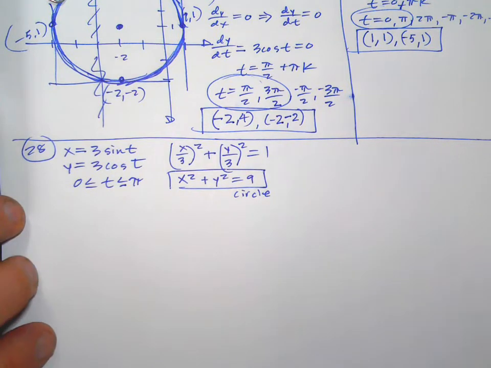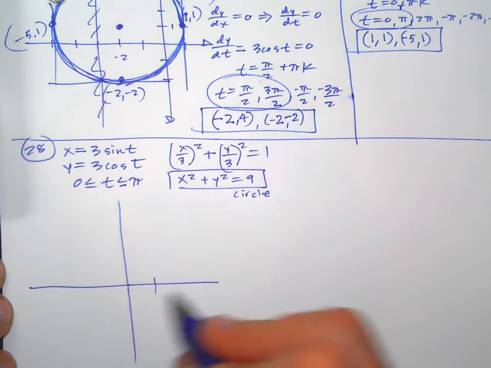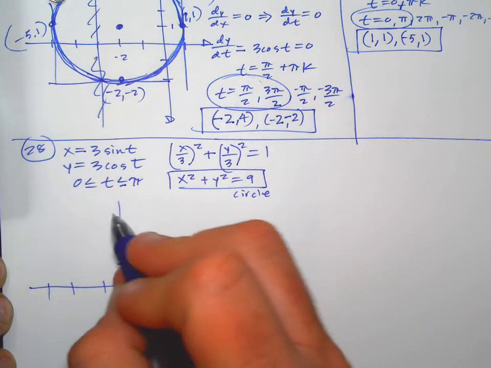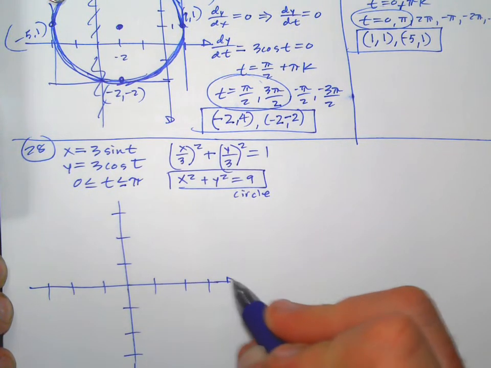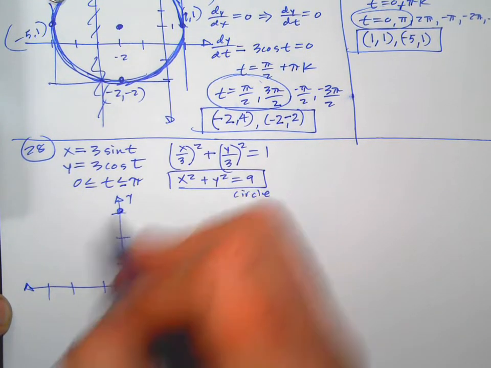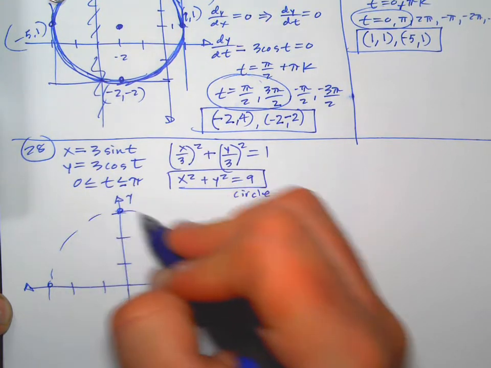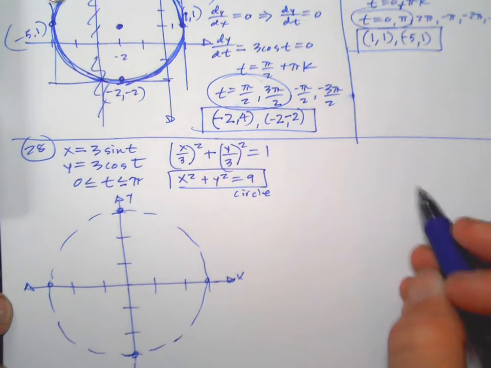So I don't know, we could sketch this graph. It's centered at 0, 0 this time. And we do have endpoints, initial and terminal points this time. So I'm going to do a little table right after this. I'm going to do this one lightly, unlike the last couple.